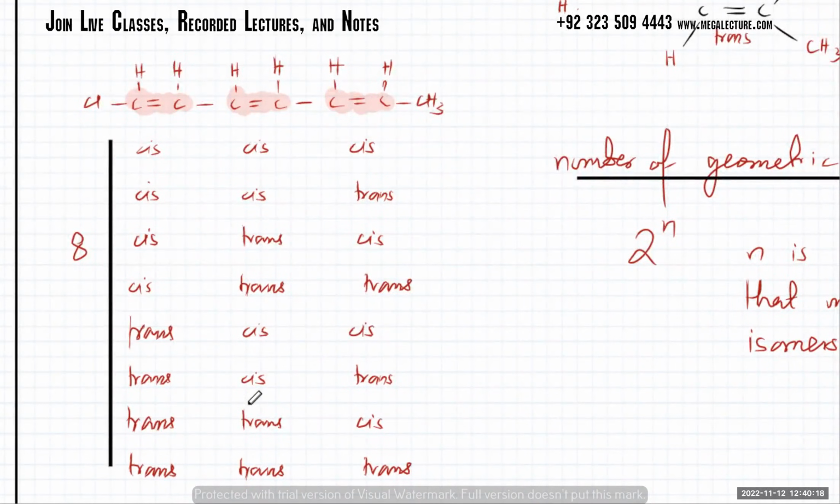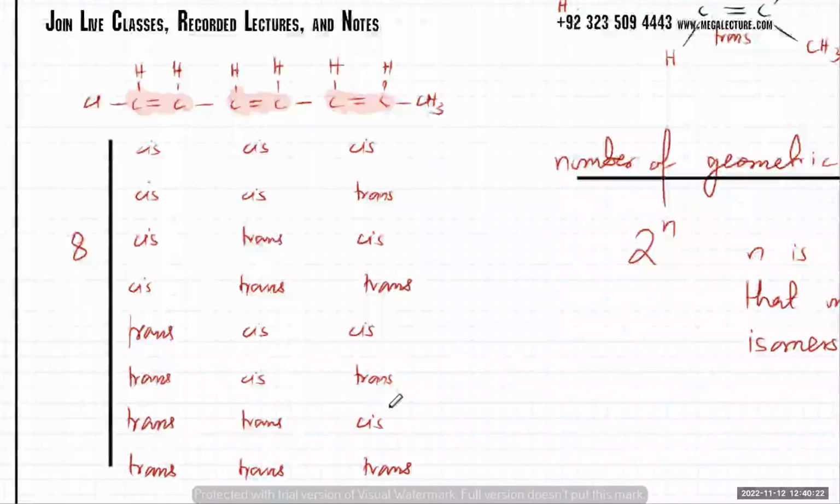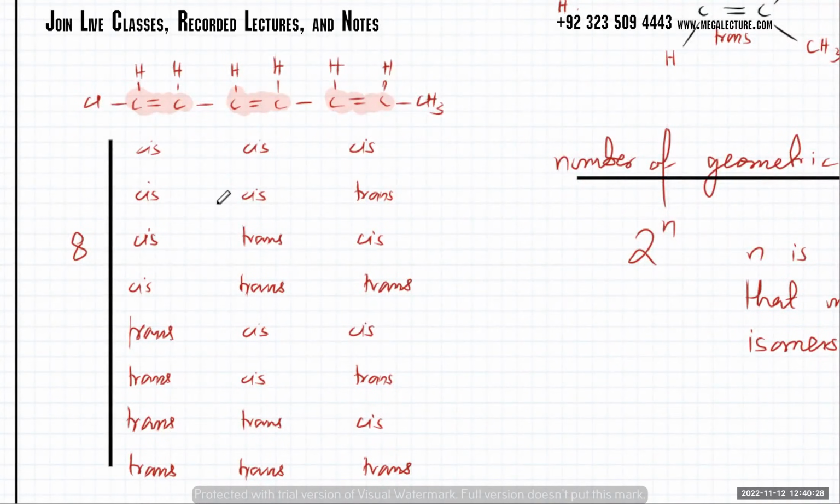cis-trans-trans will be exactly the same as trans-trans-cis. I'll just mark them.